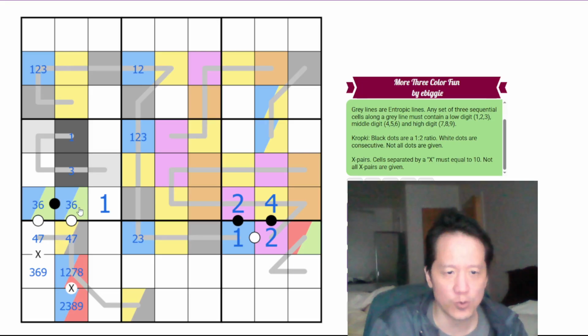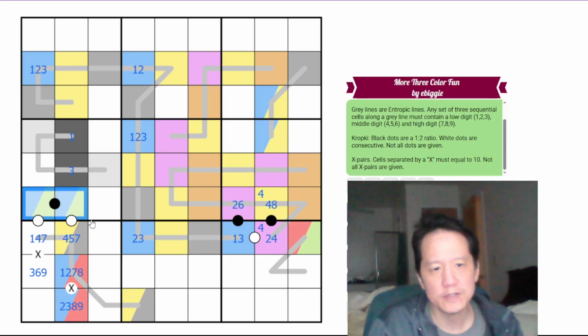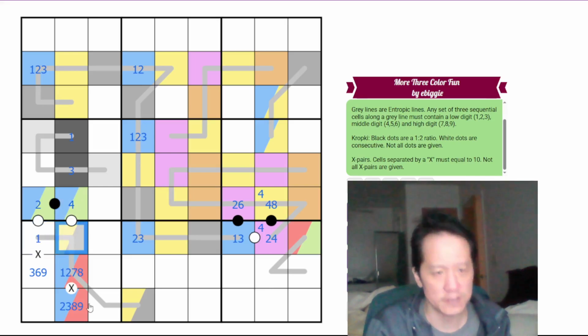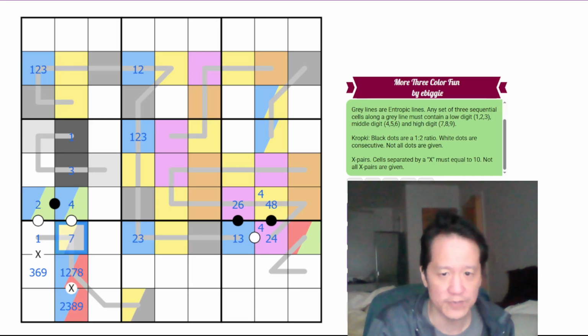And this is 4, this would be 3. Okay. So the possible combinations then are this is 2, this is 2, this is 4, this is 1, and this is 5.